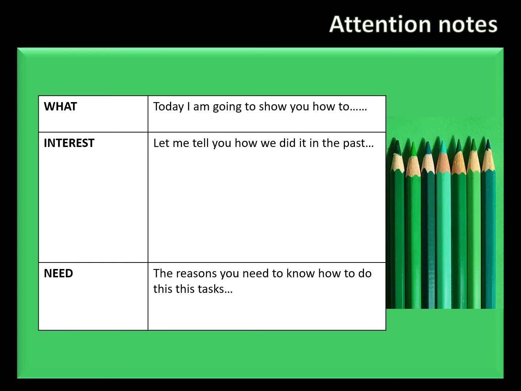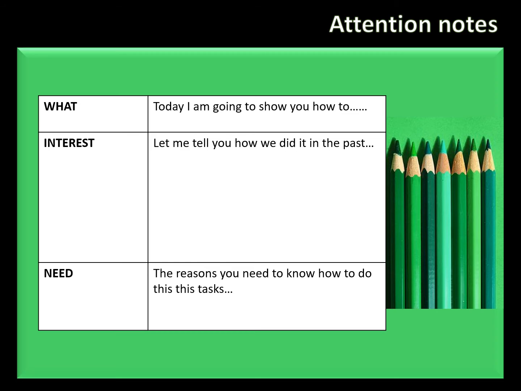So basically, if we put the WIN together, this is what your attention notes will look like. You write it in 2 columns. You can decide if you're going to do the what, the interest, or the need first. It doesn't matter as long as you've got all 3 parts. But I've just kept it in the same structure. WIN. So your notes will have what?